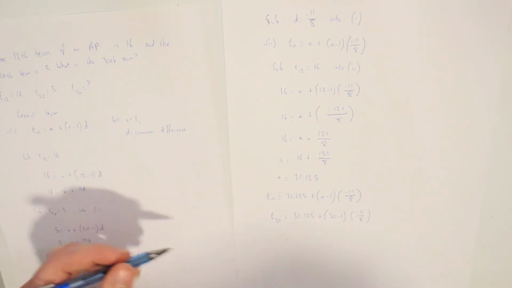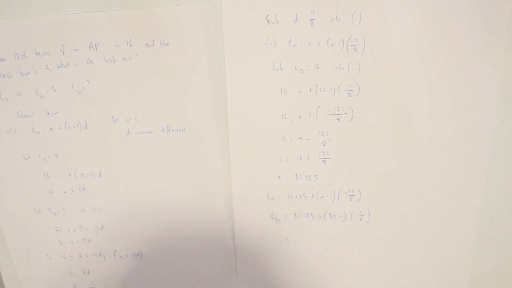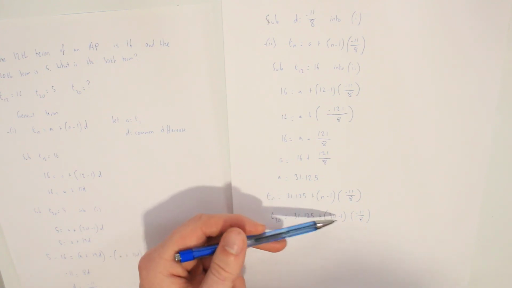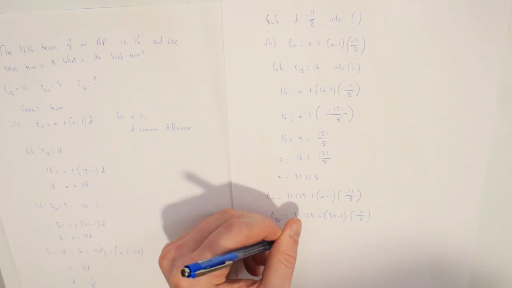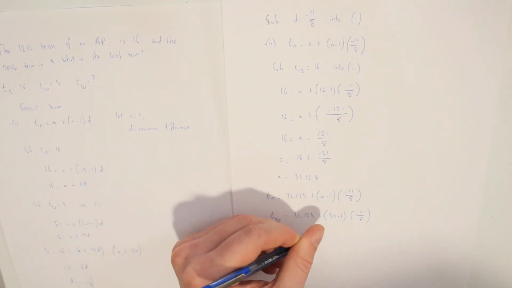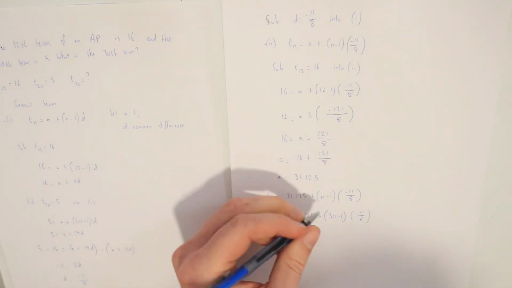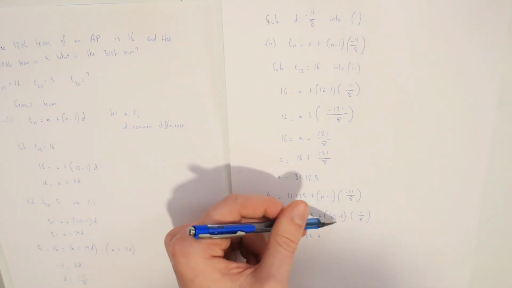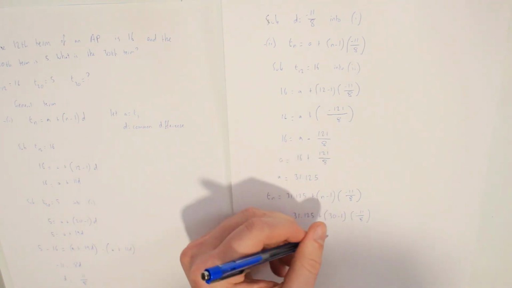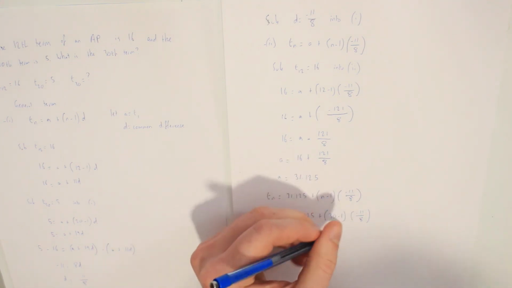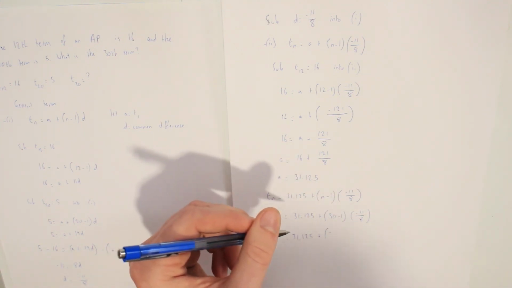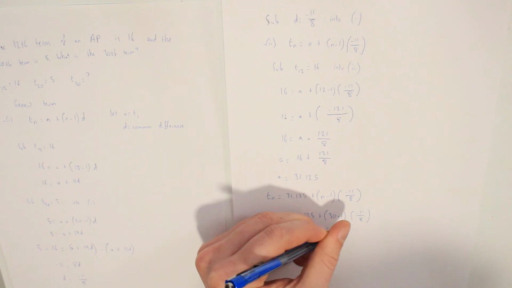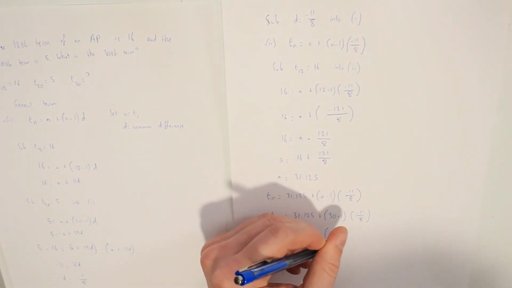Now it's simply a case of working this down. So we can say 31.125 plus 29 times this. I'll write it all out. Plus 29 times negative 11, we'll put it in brackets so as not to mess up our positive and minus. 29 times negative 11 is negative 319, all divided by 8.